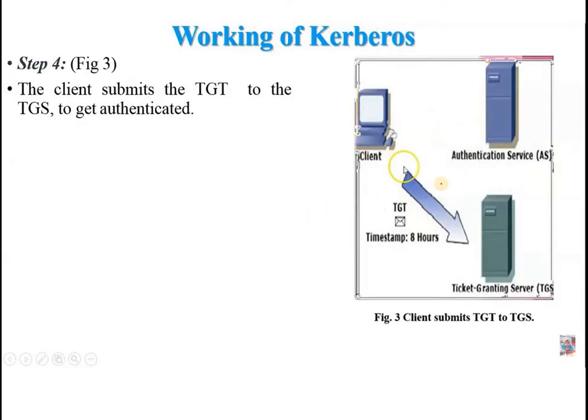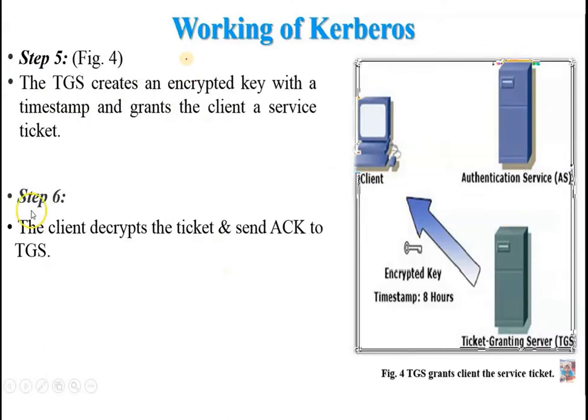In the fourth step, the client sends that TGT to the ticket granting server, TGS, for authentication. In the fifth step, after receiving the TGT from the client, the TGS encrypts that key.